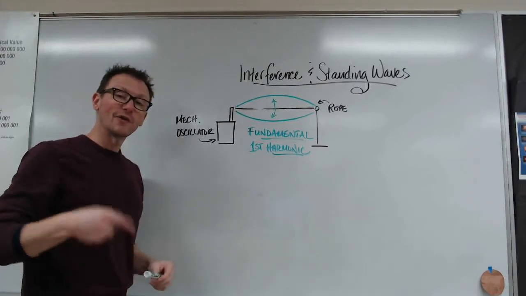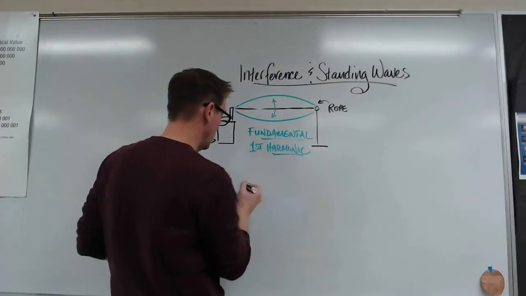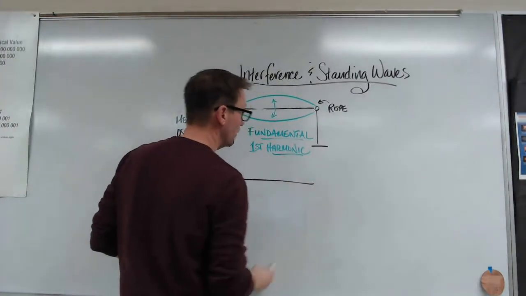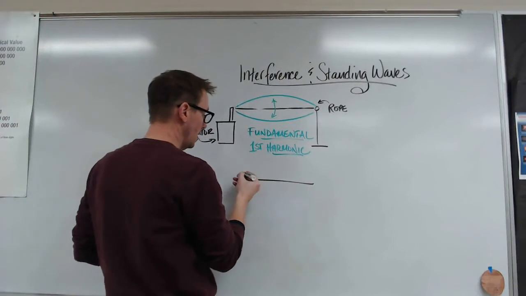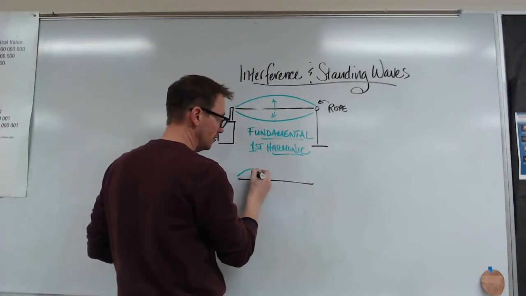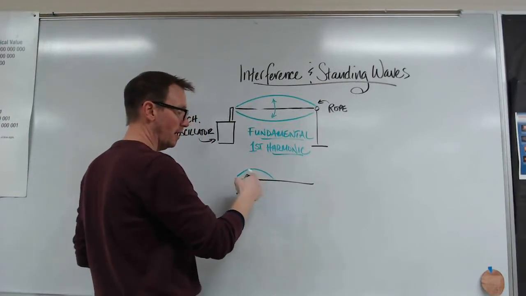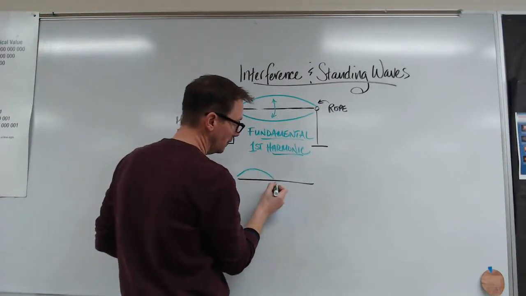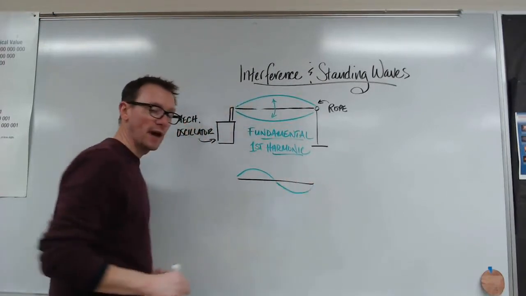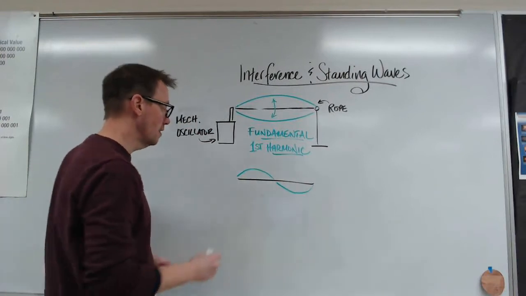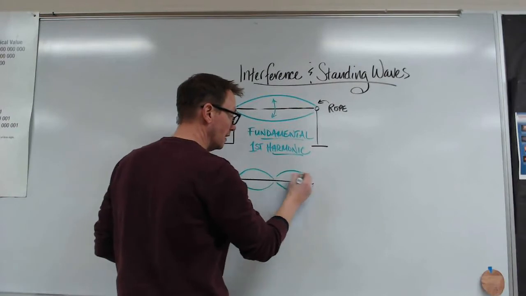But there's another frequency at which the wave crest here that's going out and the wave crest that's coming back coincide, and the wave trough that's going out and the wave trough that's coming back coincide. And so same thing with the trough and the crest.